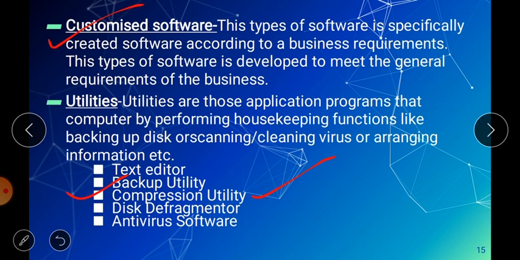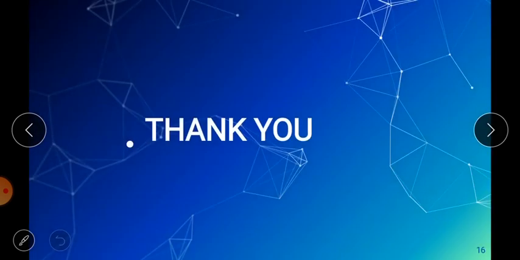Disk defragmenter is a type of software through which the memory space is managed. And the antivirus software, you all know, is installed in order to prevent our system from viruses. So this is all about today's session.